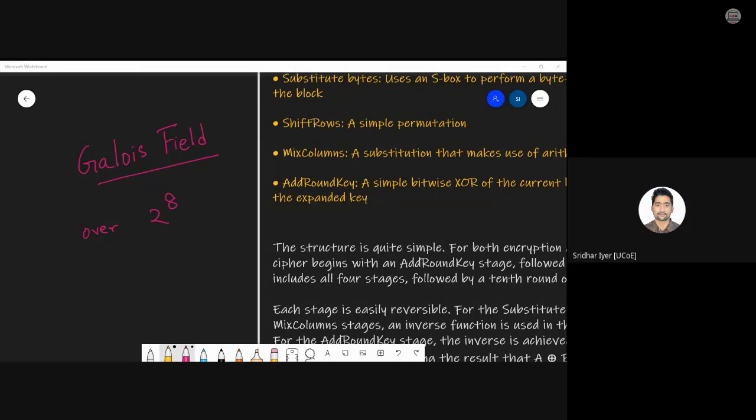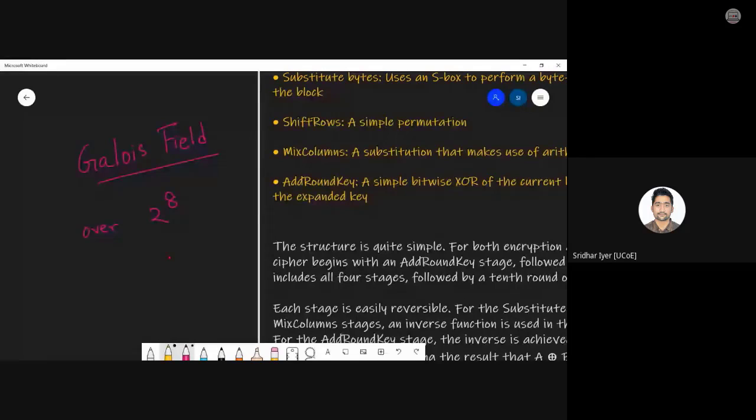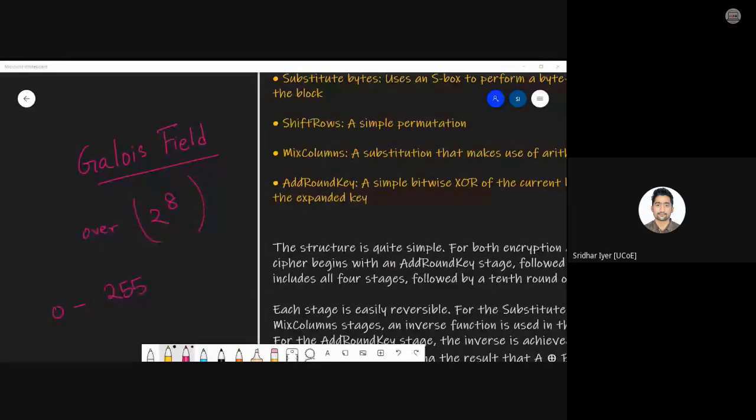No, fine. So let me explain this. Whenever I say Galois field over 2 raised to 8, it simply means that whatever operations you perform should be bound within 2 raised to 8 only. So the maximum value will be 255, if I'm not wrong. 0 to 255.